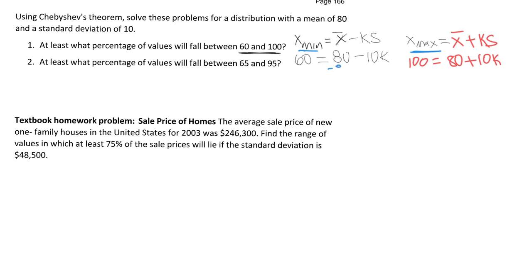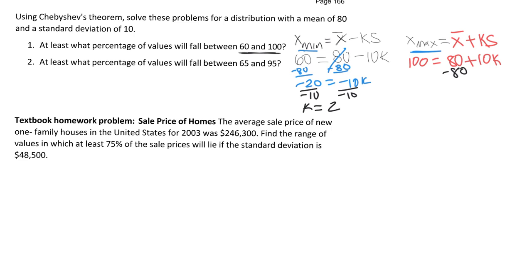I'm going to subtract 80 from both sides, and that gives me negative 20 is equal to negative 10 times K. Divide both sides by negative 10, and I get 2. K equals 2. And then I could do the same thing over here.